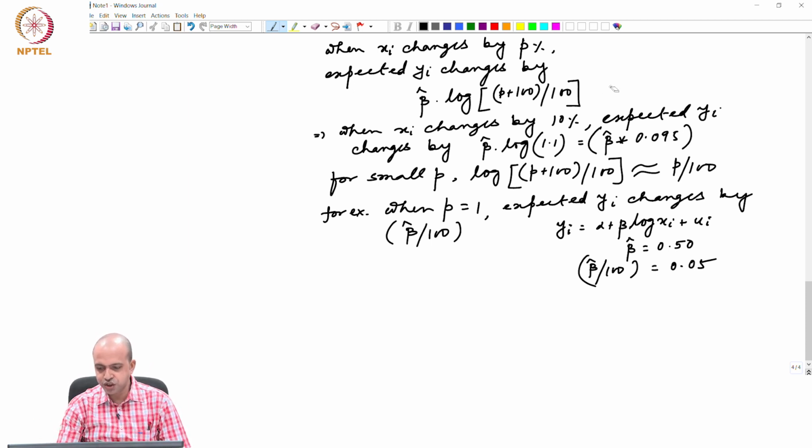For a 1% change in xi, expected yi will change by beta hat divided by 100. That is what you have to understand.